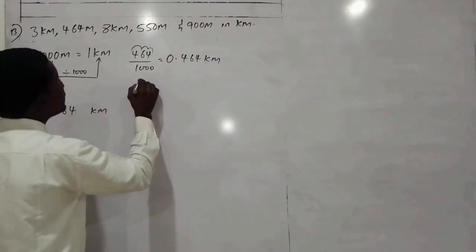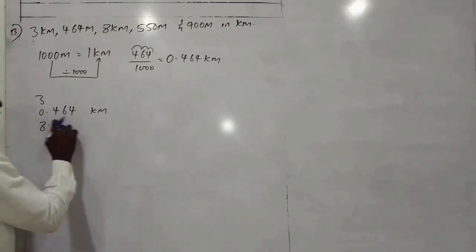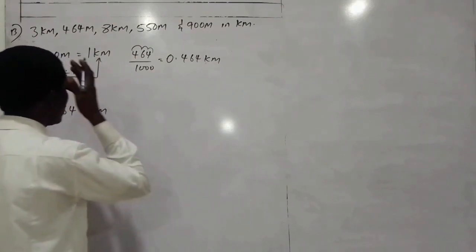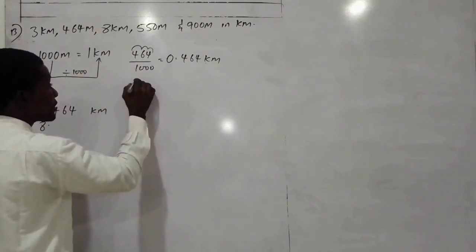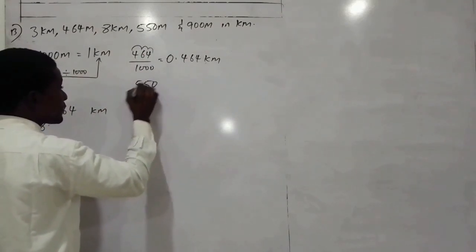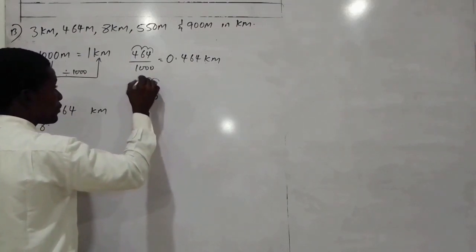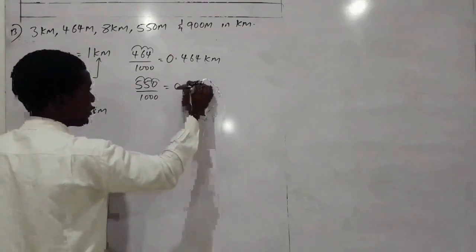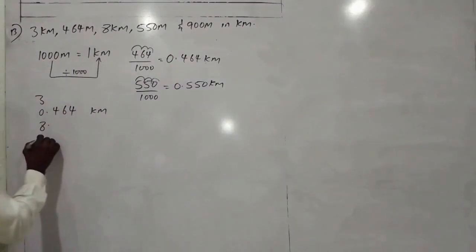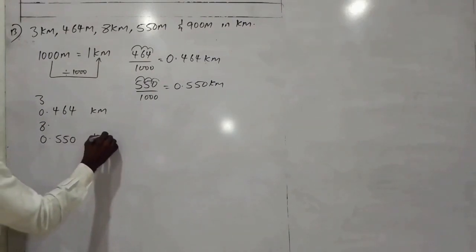The next one, we have 8 kilometers. The next one is 550 meters. We convert it to kilometers. 1, 2, 3. This gives us 0.550 kilometer. Bring it here, 0.550 kilometer.